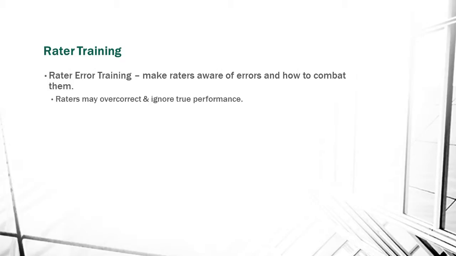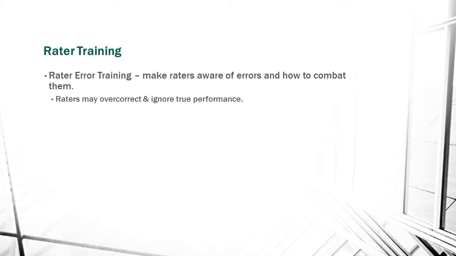So, what can we do about it? Well, we talked about in the last lecture that changing the rating form doesn't help a whole lot, but the way we train raters can reduce the frequency of these errors. In fact, one of the most common methods of rater training is called error training. If you make raters aware of these errors, you can give some practical tips to combat them.